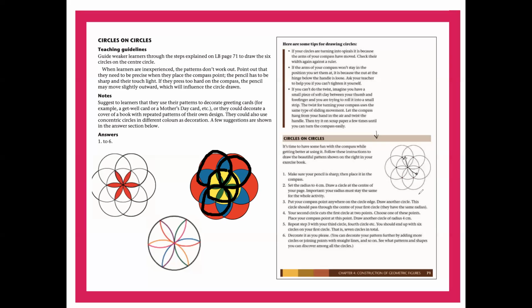Now you put your compass point anywhere on the circle, and then you draw another circle. The circle should pass through the center of your first circle like you saw previously, so that they have the same radius.